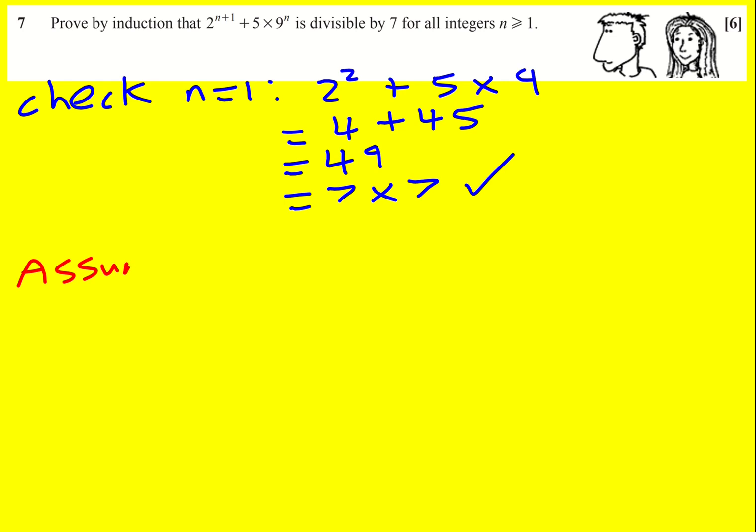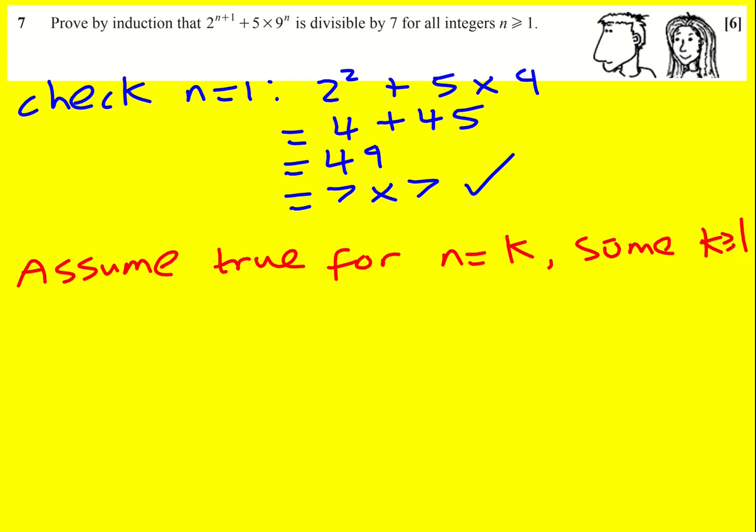Assume the statement is true for n equals k, some k. Maybe you could say some k greater or equal to 1 as well. Some integer, but I think that's enough.